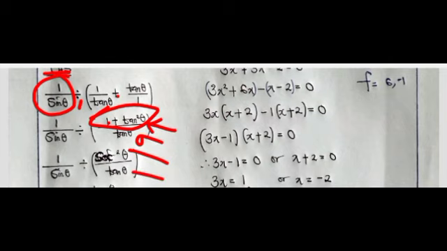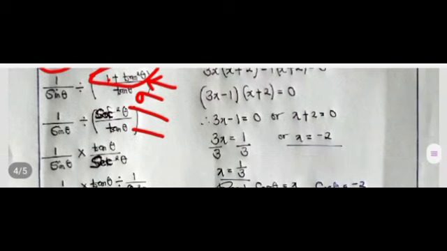I've not changed anything. Now notice, according to the rules of fractions, division can change into multiplication. So when it changes into multiplication, the numerator becomes the denominator, and the denominator changes into the numerator.